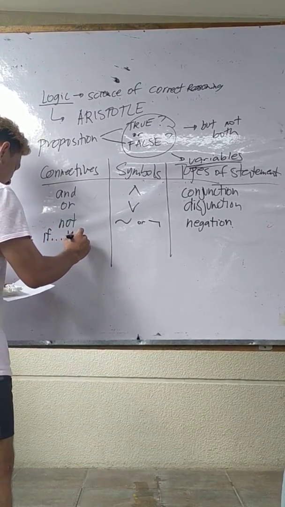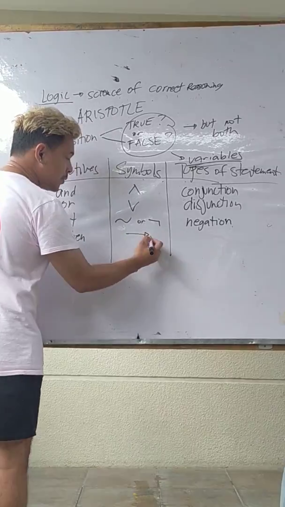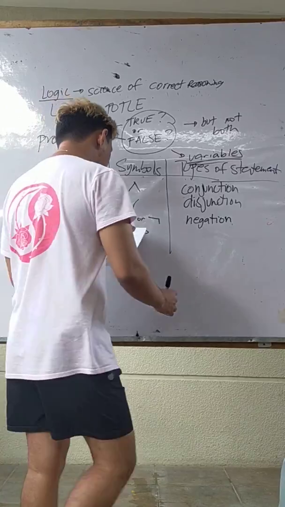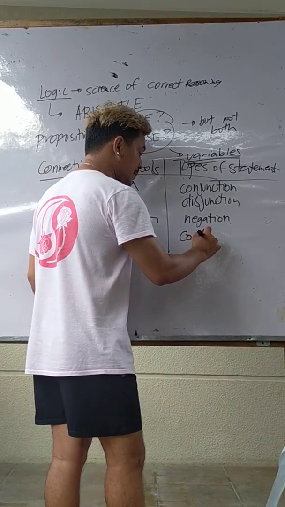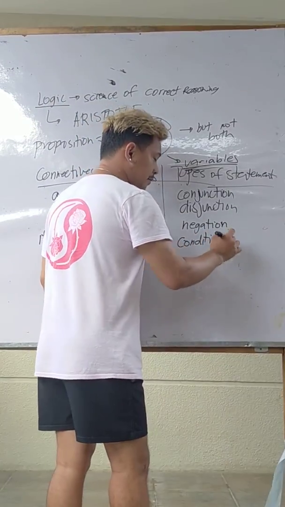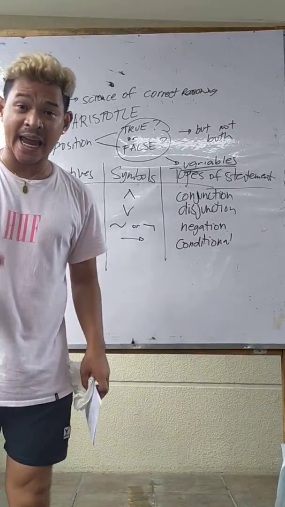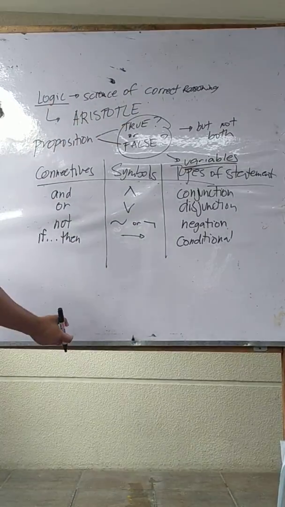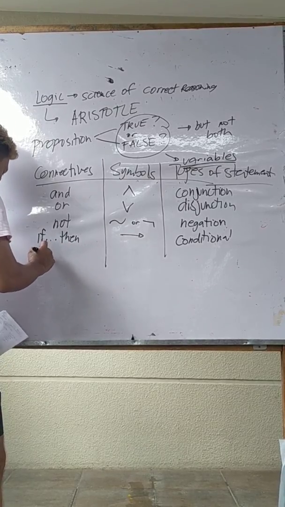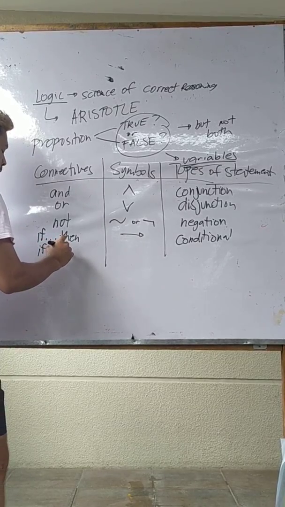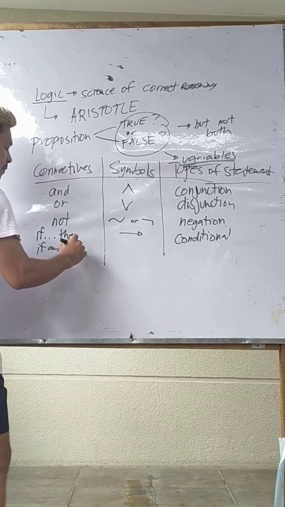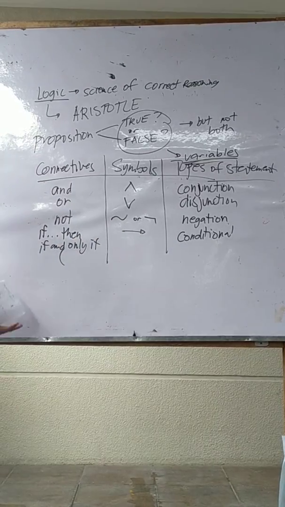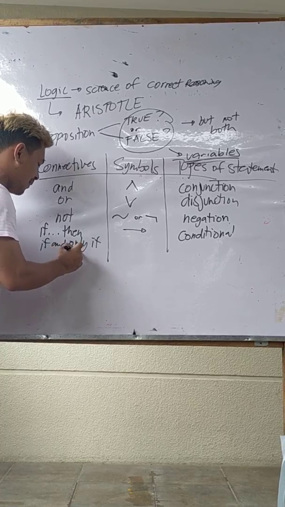Next, we have if, then, having the symbol arrow with one arrowhead, and this is what you call a conditional statement. If you will study, then you will pass. Then we also have if and only if, commonly abbreviated as IFF.